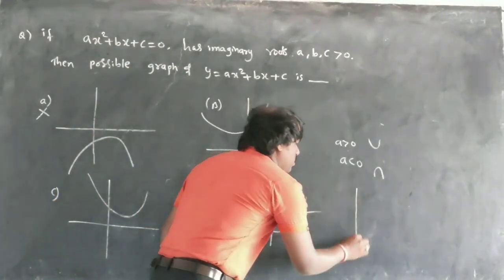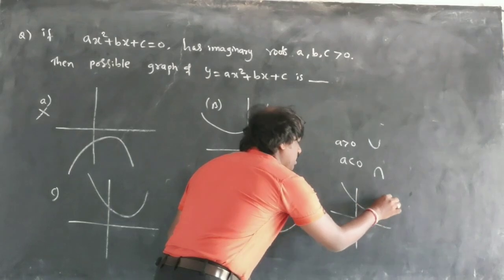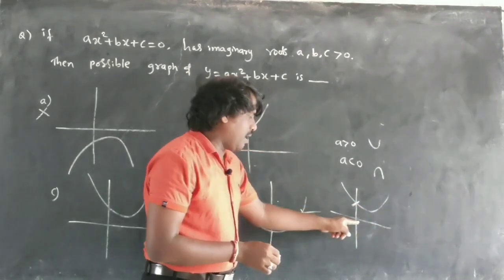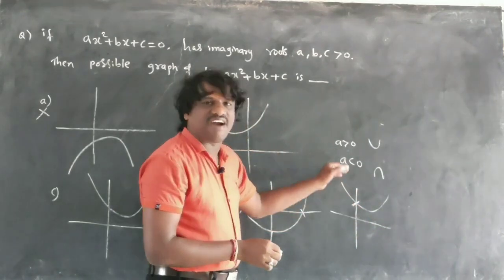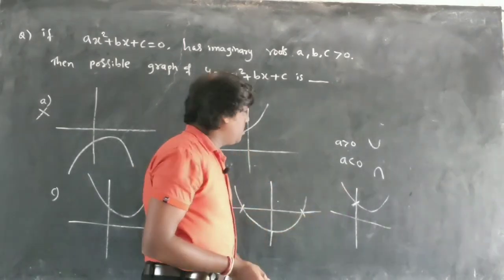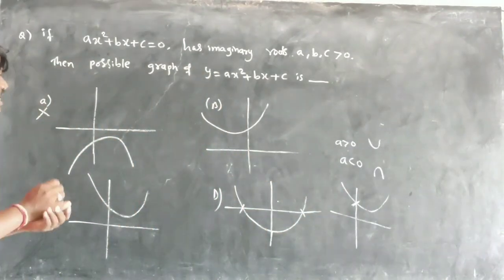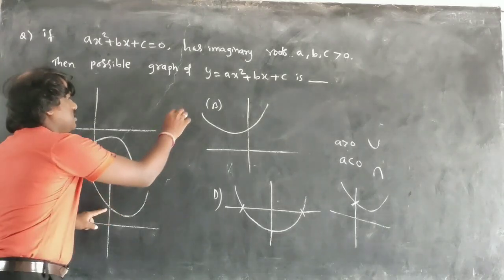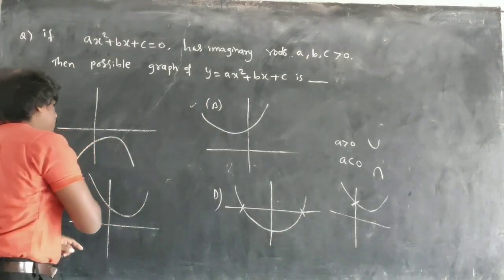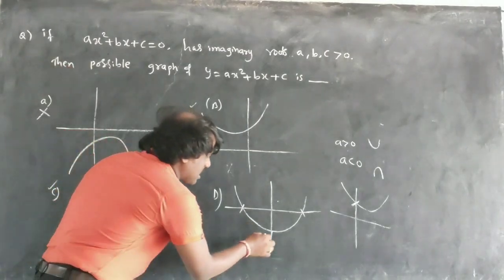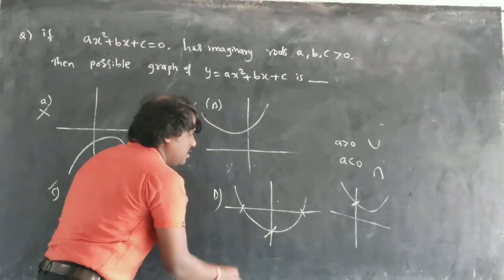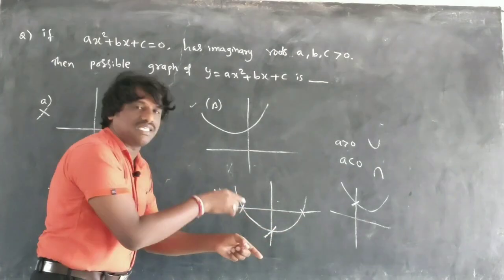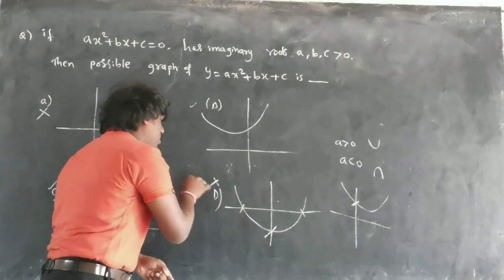I already informed you, if C greater than 0, the graph will cut above the x-axis. So which one is cutting above the x-axis? This one and this one also. And this parabola is cutting below the x-axis, so this is wrong.